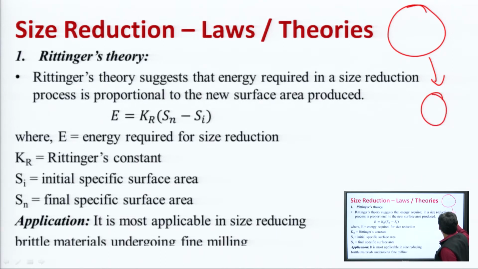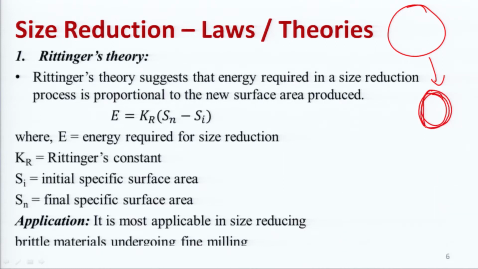This is the new surface area which is produced after size reduction from this larger surface area. So, Rittinger proposed a theory that suggests that the energy required in a size reduction process is proportional to the new surface area produced.